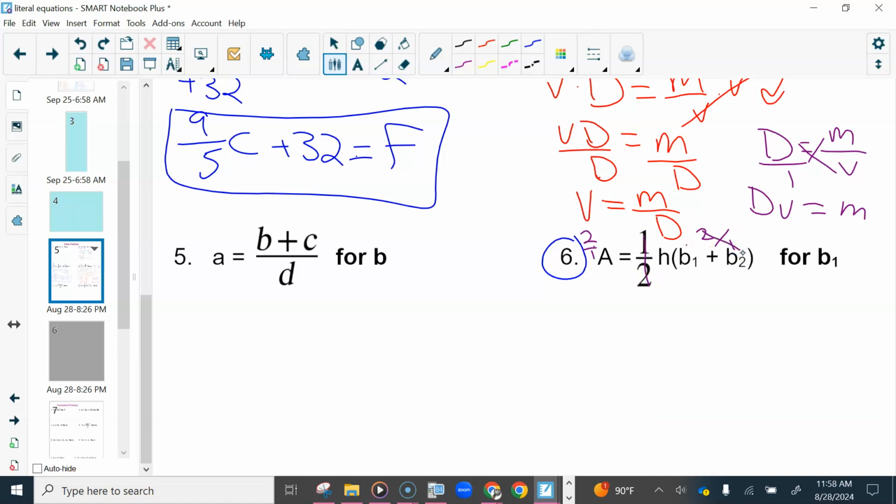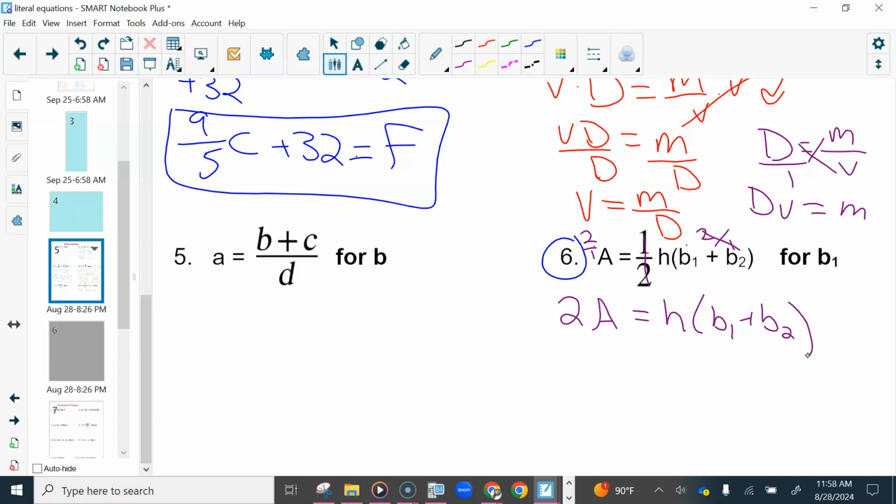Now, it's still in parentheses because you still have that h, so don't get rid of those yet. This was 2 over 1, but it's the same thing as just 2. Now, I want to get rid of that h. Very similar to one of the options I said here.